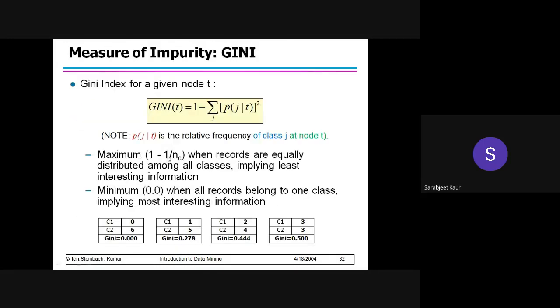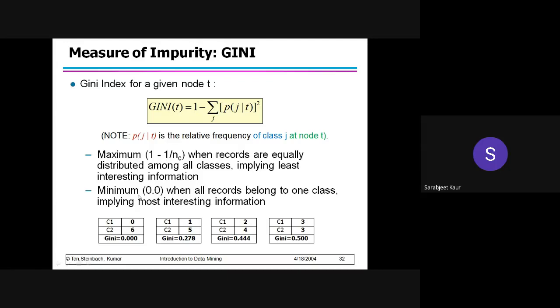That means it will be 1 minus 1 upon C1 minus 1 upon C2 and so on, so it will actually come out to be 1 minus 1 upon NC, where NC is the total number of classes. Okay, so you need to remember the maximum and the minimum value. What would be the minimum value?